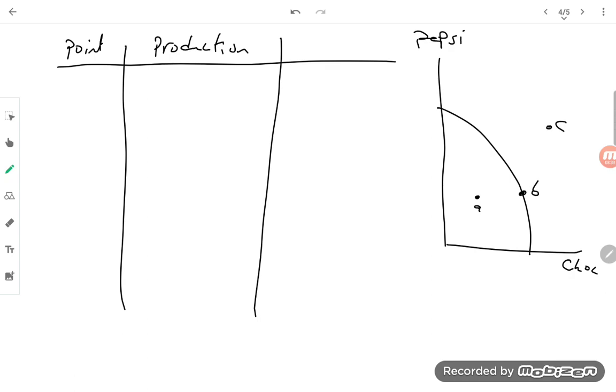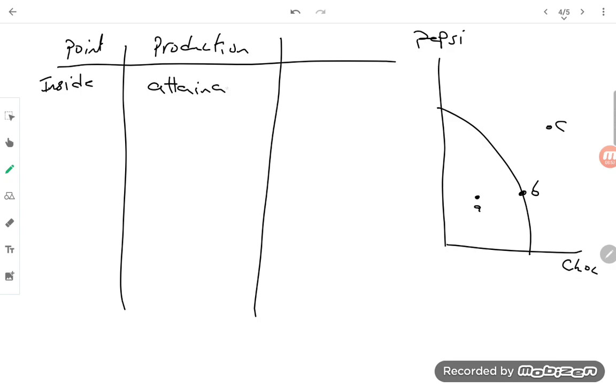Point A is inside PPF. With respect to production, do we have enough resources to produce it or not? Yes, we have enough resources to produce combination A. So, a point inside PPF is known as attainable.